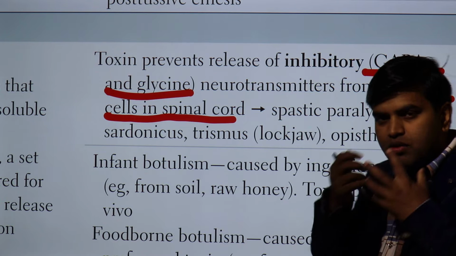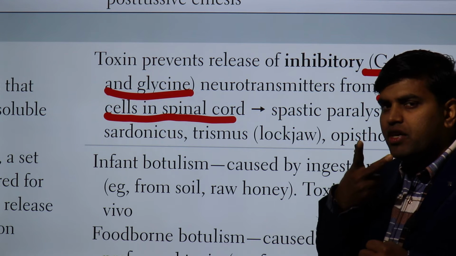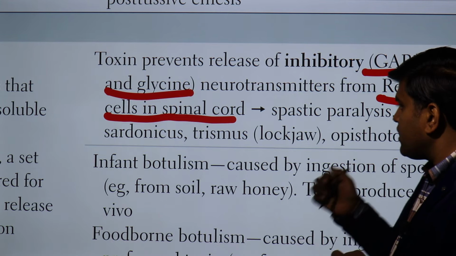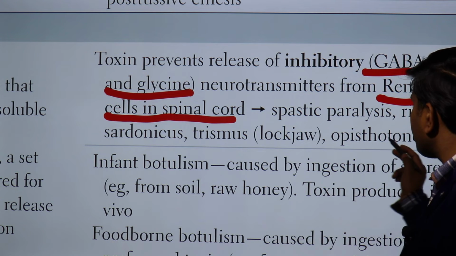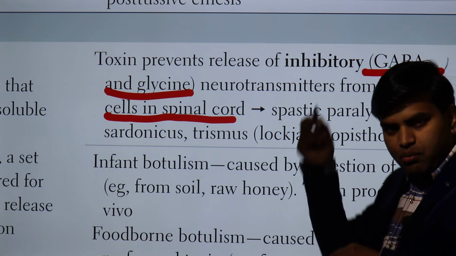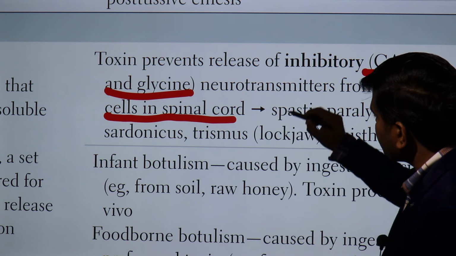The facial muscles get spasm, so there will be risus sardonicus. Then there will be trismus: the jaw will be locked. And there will be opisthotonus, the bending of the back muscles, so the body takes a bow-like appearance.